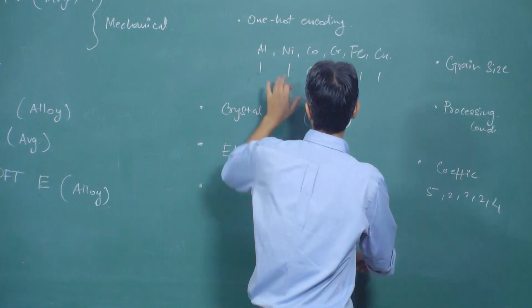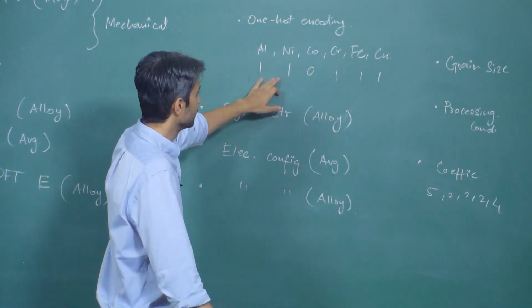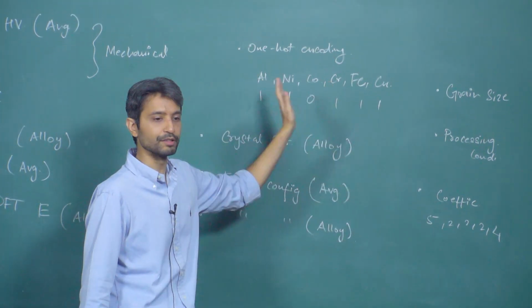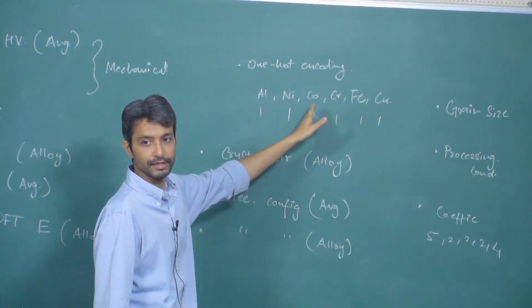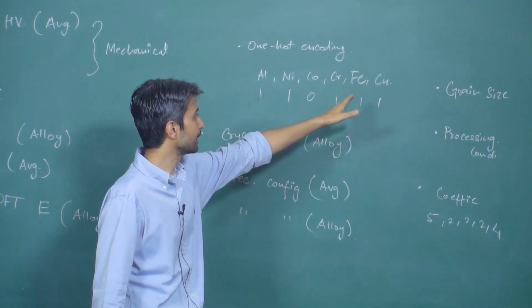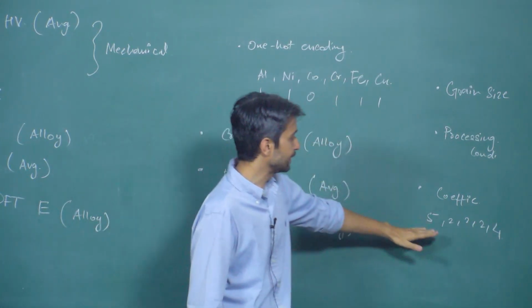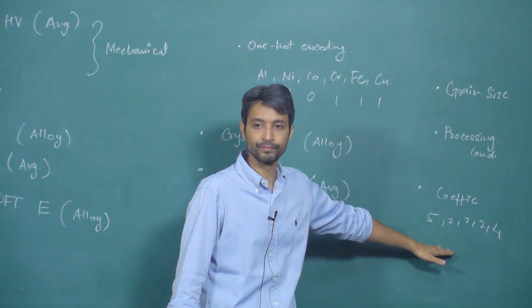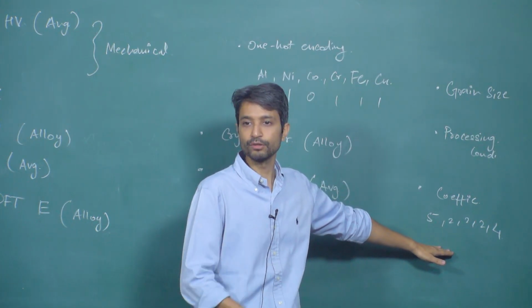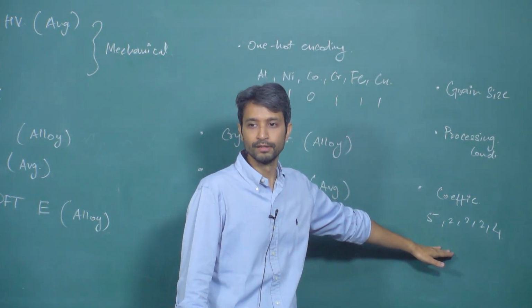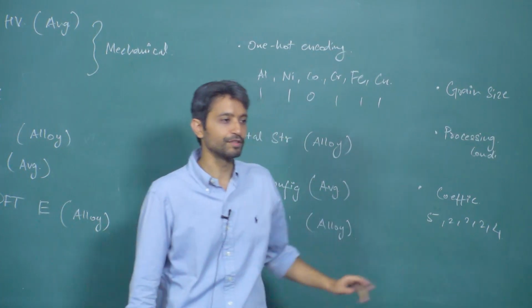Yeah, so just like this, I will preserve the order: first aluminum, then nickel, then cobalt, then chromium, iron, then copper. I will preserve this order and only then write it. So is it a good fingerprint? Yes. Okay, how many of you say no?